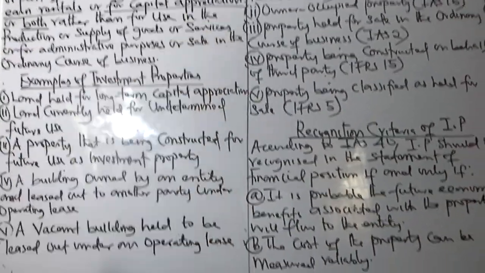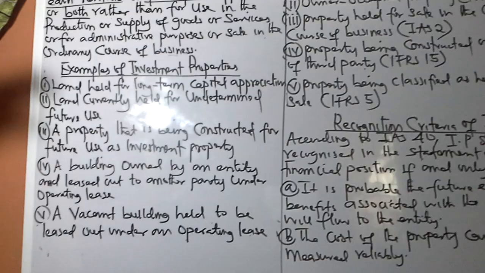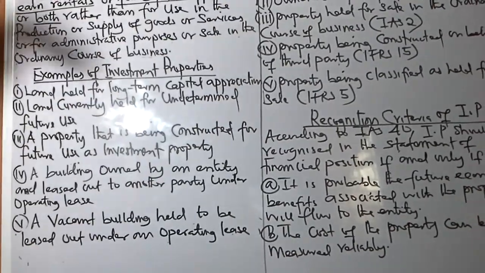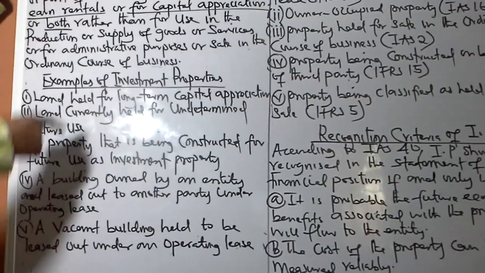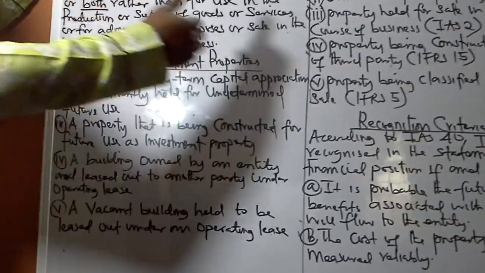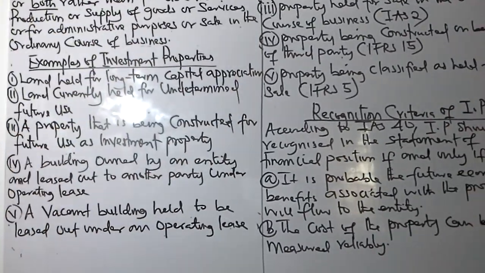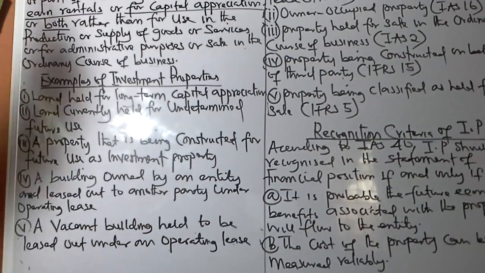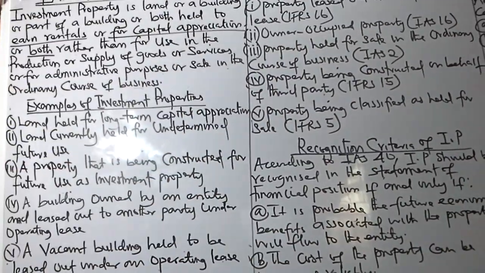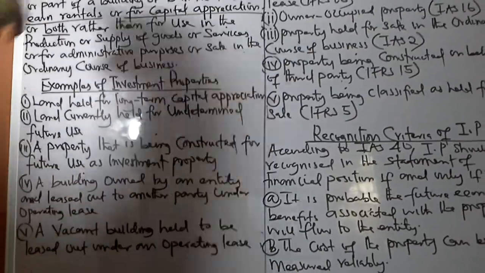Treated as investment property, because as the land is there, it is what? It is appreciating in value. Third, a property that is being constructed for use as an investment property. Now, you are building a building for an investment property.